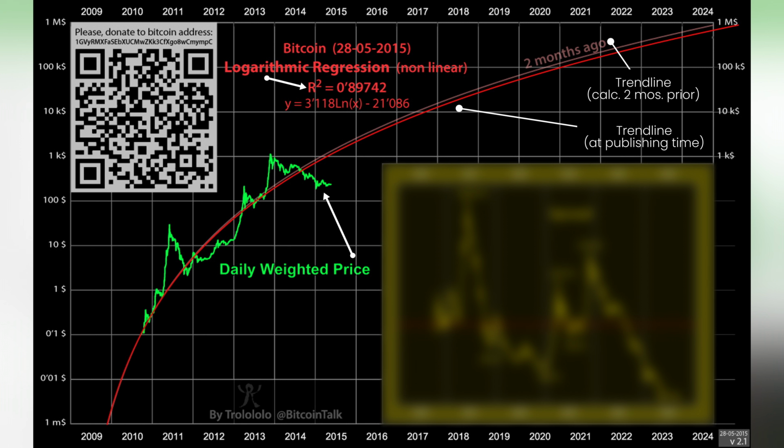So that's how trend lines work, right? He's taking all of the data up to 2 months ago, back in 2015, to draw that lighter shaded curve. But then up until when he posted it, which was mid-2015, May 28th, 2015, Bitcoin gave you that darker red, that more bolded red trend line.